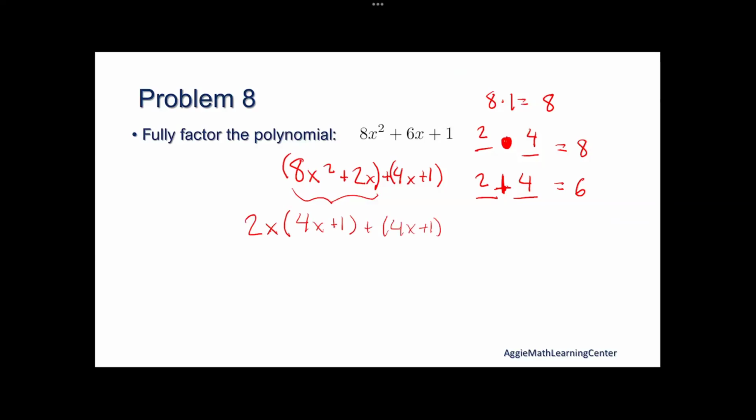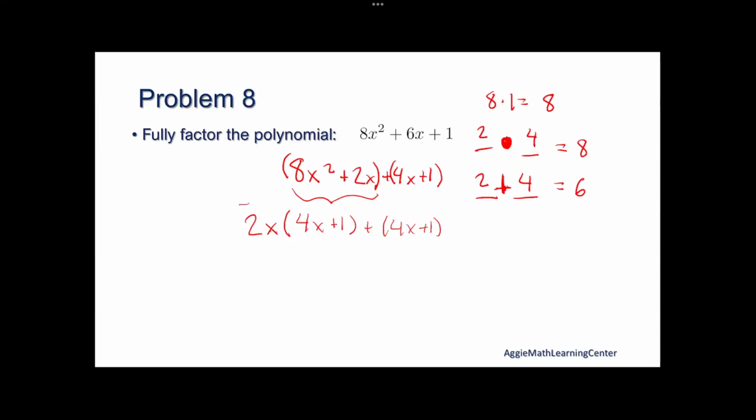Okay, awesome. So now what do we do from here? You would add like the 2x and then make that its own thing. You would just times that. Exactly, yep.